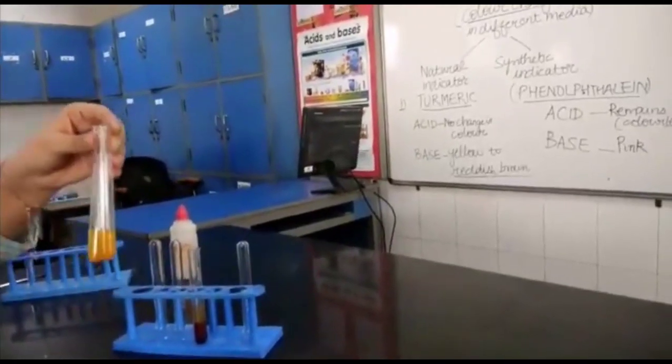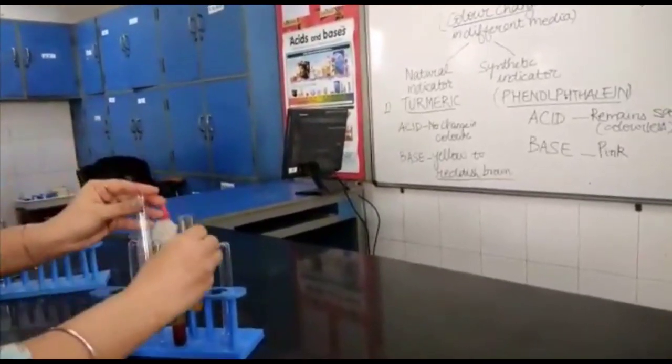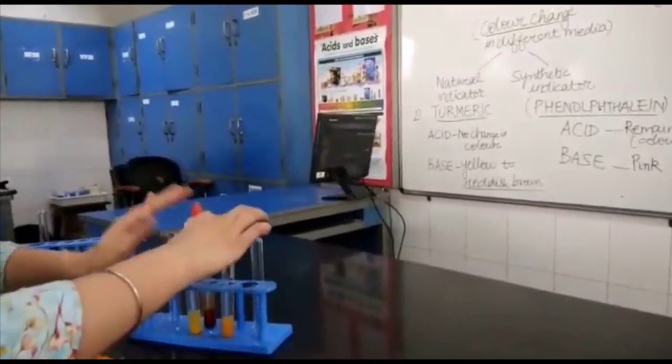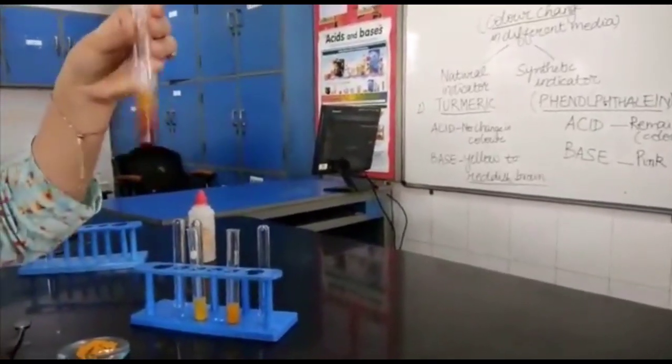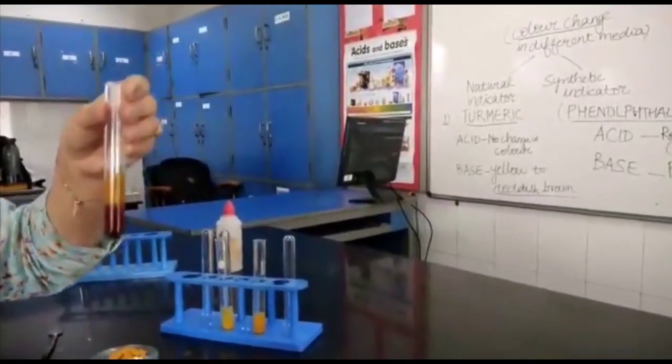To find that, we would be adding the contents in a test tube containing reddish brown turned turmeric.